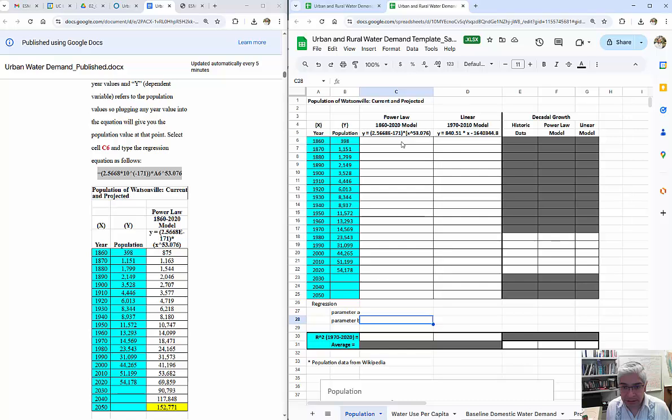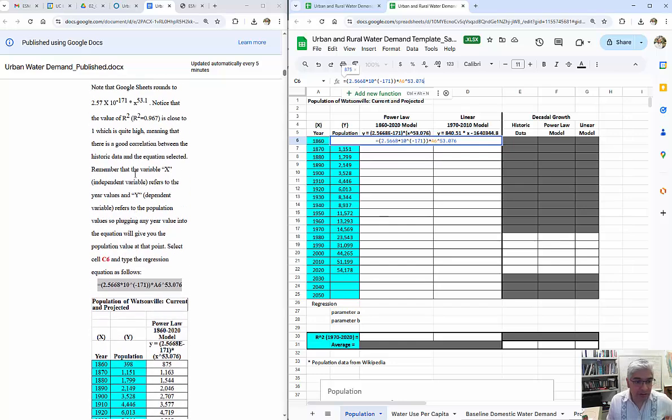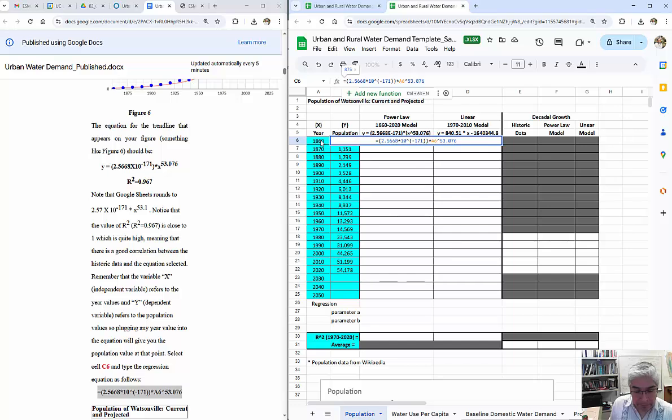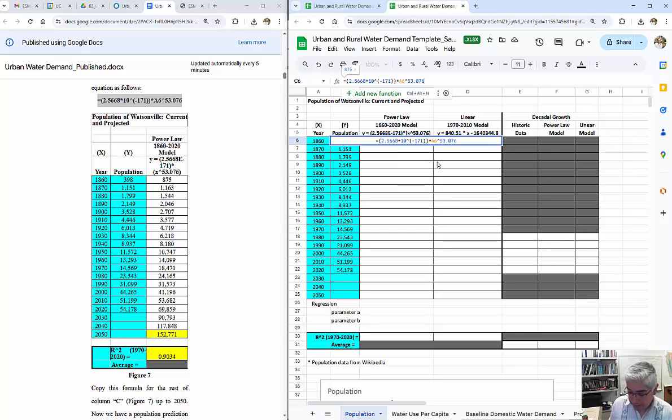In here I will paste this formula, and you can see that it is already referencing AC. Basically this equation tells us that the population is a dependent variable, and the independent variable is the years. So instead of X, in this case it will be the years.